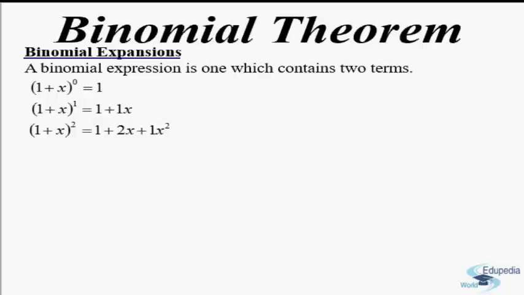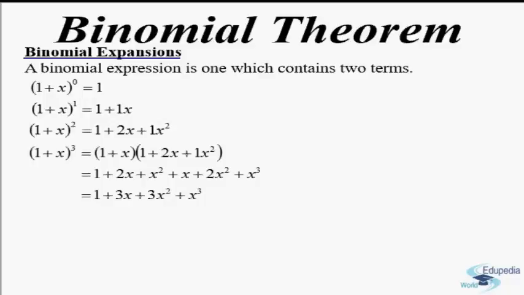Now this becomes a bit tricky if the degree of the term is increased. If we have 1 plus x cube, what we have in front of you is already a simplified version of the expression. We have 1 plus x, and then the expansion of 1 plus x whole square, that is 1 plus 2x plus x square. But in an exam or in real life, you are not going to have these simplifications with you.